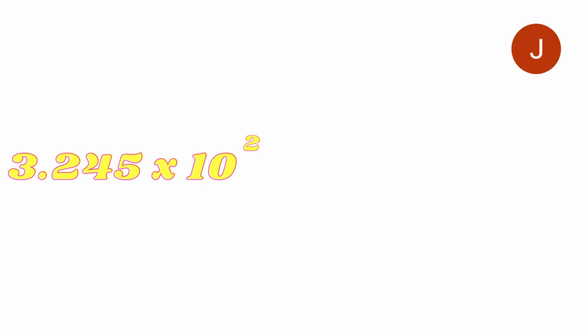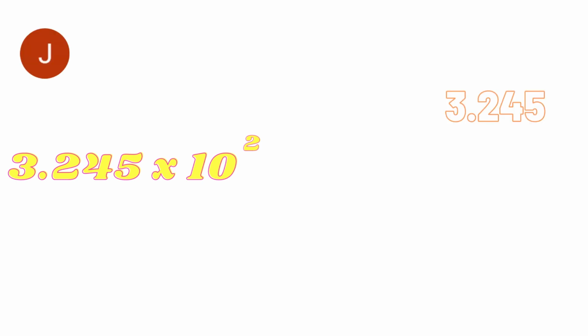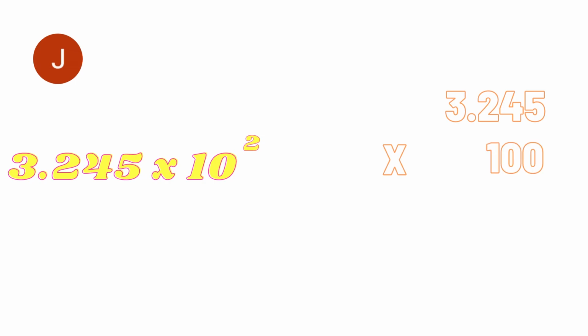Now, if I wanted to multiply a decimal number by a power of 10, I can simply multiply it the traditional way by putting them under each other. Let's try it. Multiplying 3.245 by 10 to the power of 2, which we just solved before, is 100. Let's multiply them together.